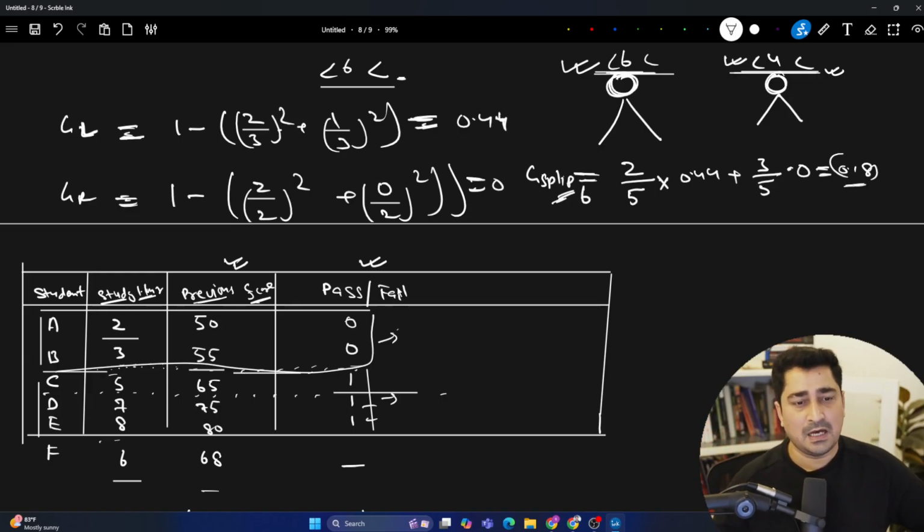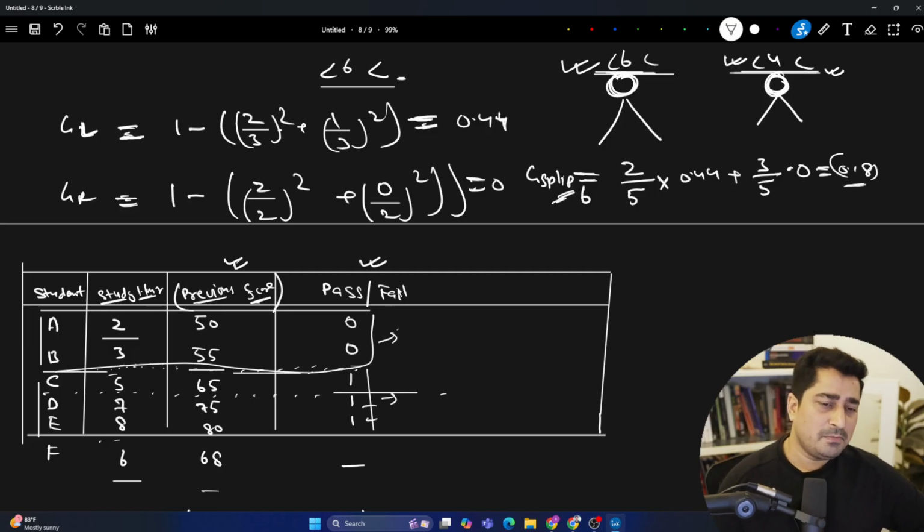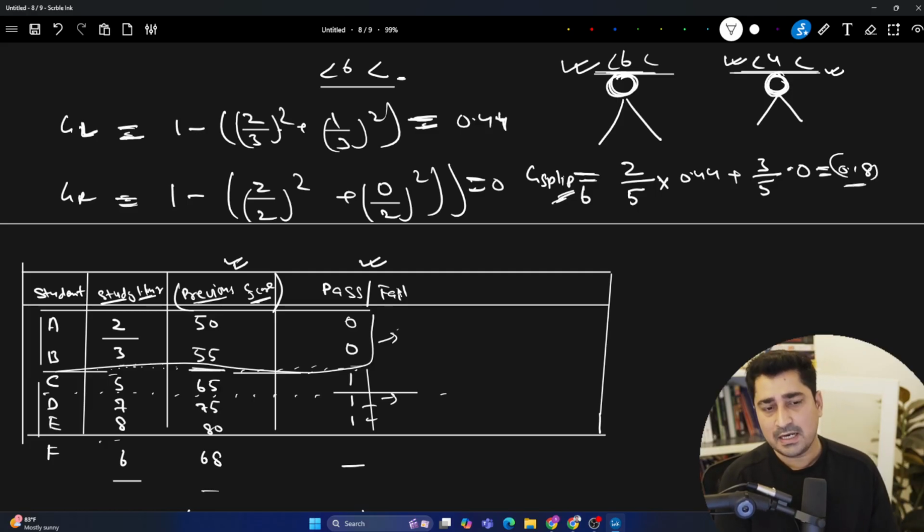Okay, fine. Now moving ahead, right? Here I am saying that I will try to split the data based on this one. That's understandable, that's completely fine. There is also a possibility that I can consider the previous score. So maybe I can say a score lesser than 60 and a score greater than 60.